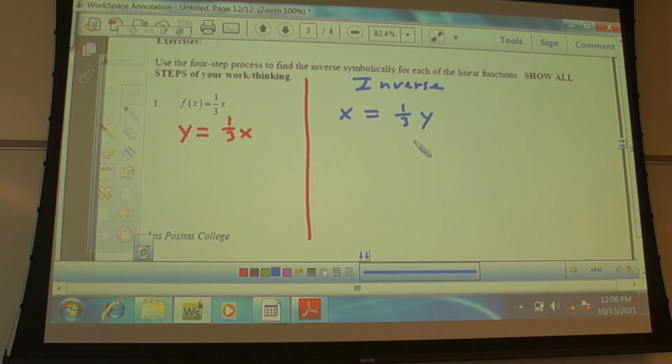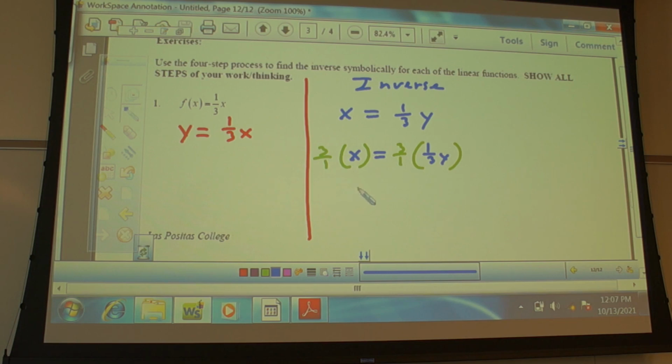Do you guys kind of follow me? So I'm going to multiply this side by 3/1. I'm going to multiply this side by 3/1. And then that should make things easier for me. So, what do I get on this side?